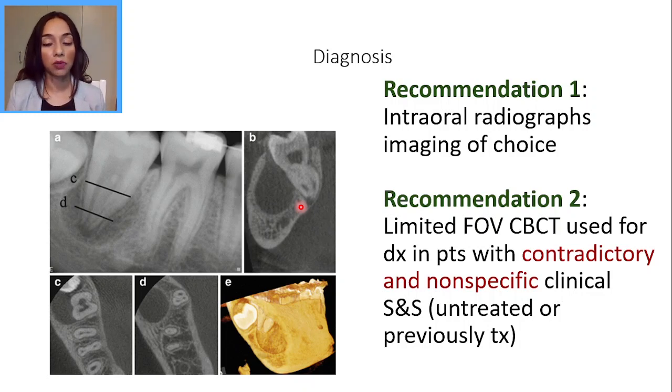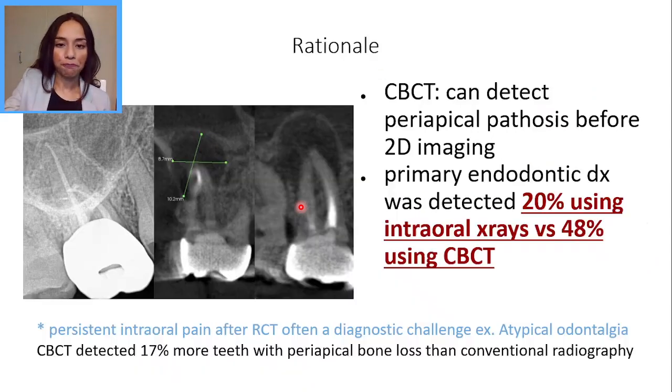If you take a CBCT and you suspect some type of cyst or some pathology or something else going on, as healthcare providers we can make appropriate referrals, whether that be to an oral surgeon or discussing a case with colleagues to get a better understanding of what's really going on. Sometimes the lesion might not be endodontic in nature, and so the appropriate specialist and referral might be warranted.